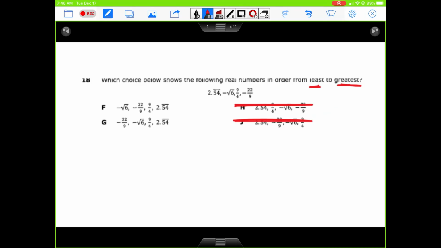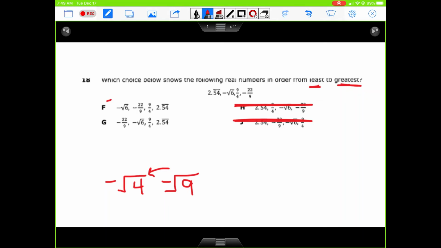Let's take a look. F, we have negative square root of 6. So going back to what we talked about with the irrational numbers, negative square root of 6 falls closest to negative square root of 4 and negative square root of 9, but closer to negative square root of 4.